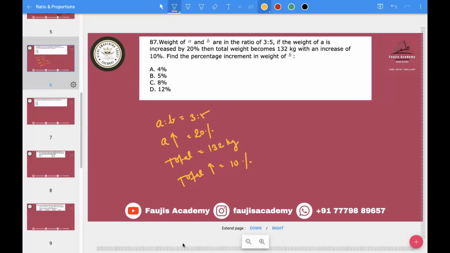Guys, any breakthrough? Think reverse. Think reverse.